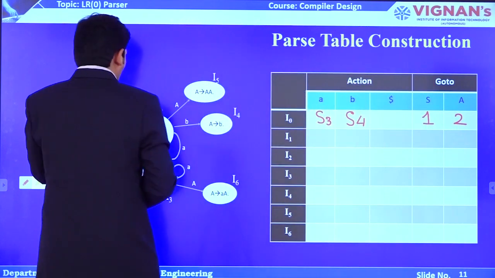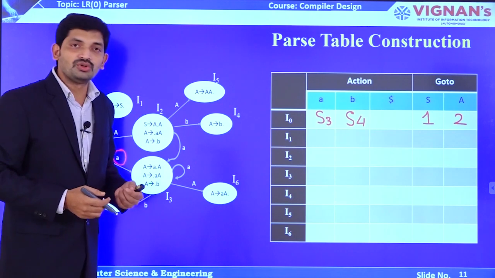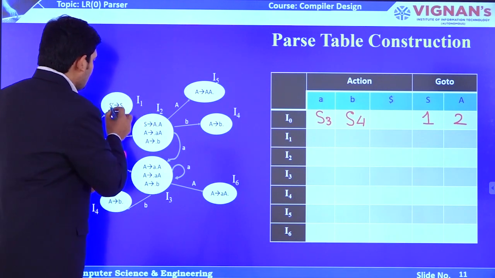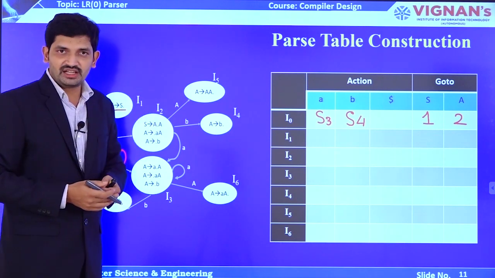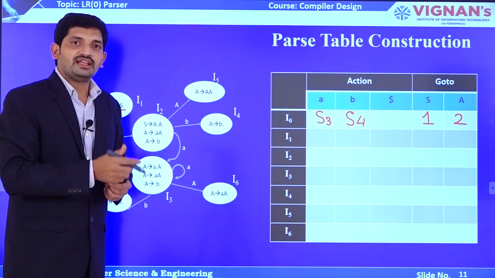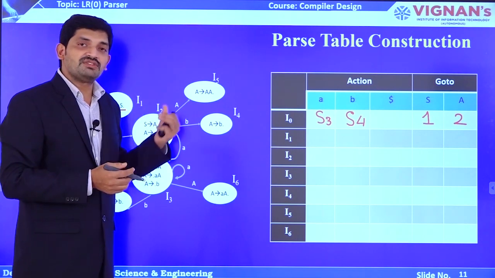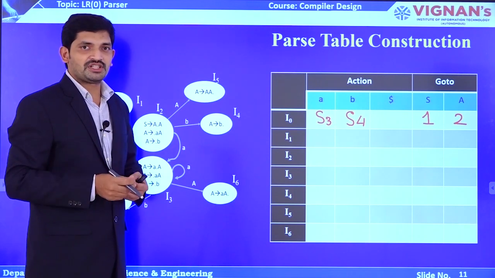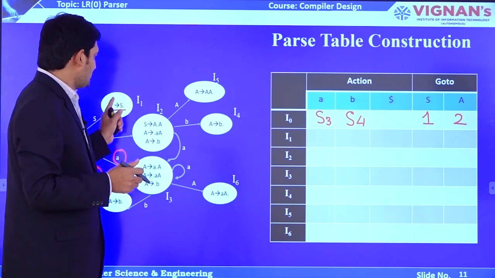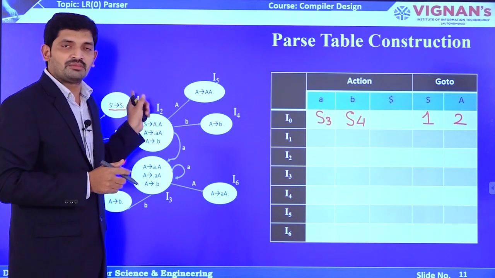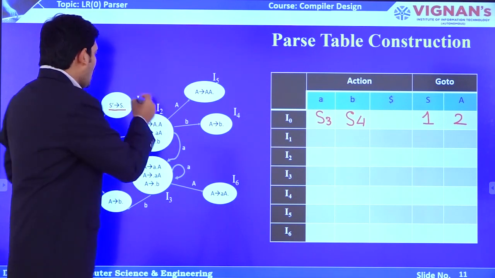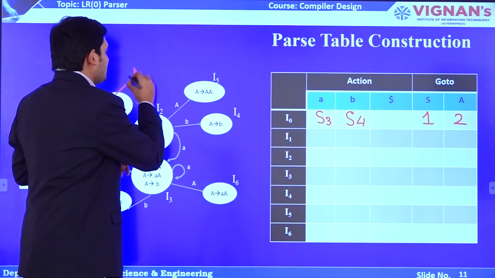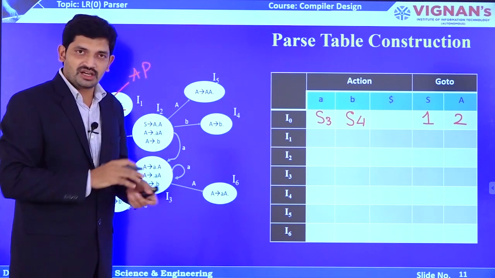Now come to I1 state. You may observe this seems to be a final item, and in the LR0 parser, if there is a final item, we have to perform the reduction operation. But this is not an actual final item, because this is the augmented production which is added by me to the grammar.